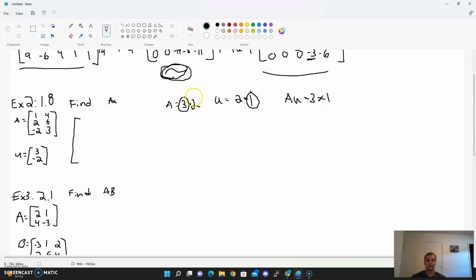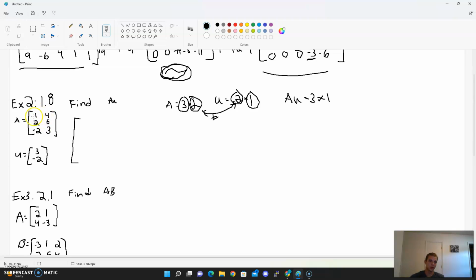And if these second numbers were not equal, we wouldn't be able to do this multiplication. So we'd have issues with vectors and columns and rows, and it just wouldn't add up right. So to begin, we're going to find the first number right here in this first row.